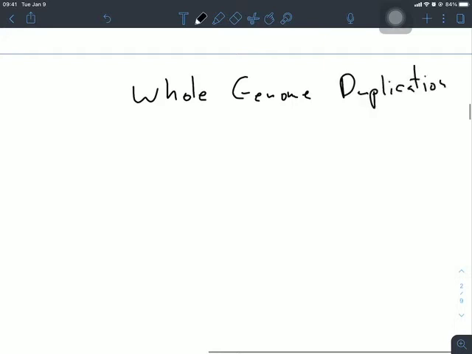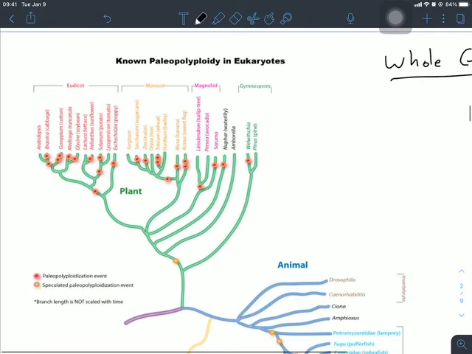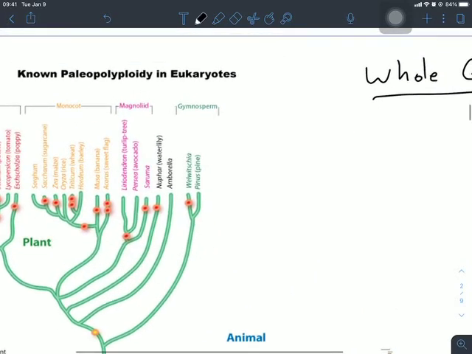We'll talk more about why whole genome duplications are so common and so important to plant speciation later in the class, but I do want to familiarize y'all with this basic concept that plants will very frequently have a polyploidization event.